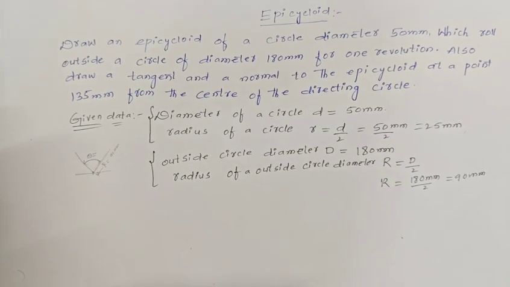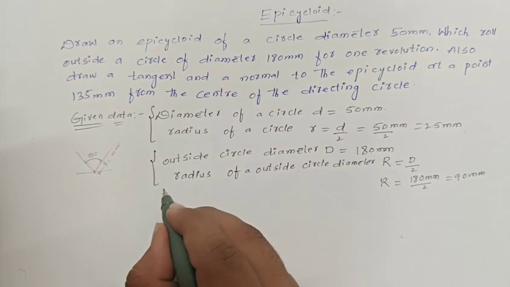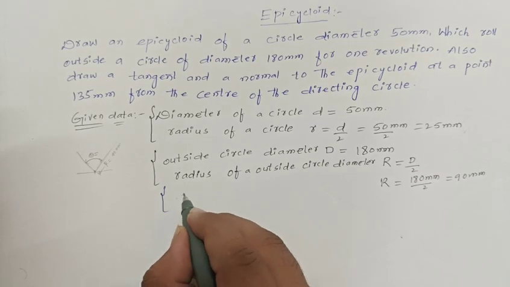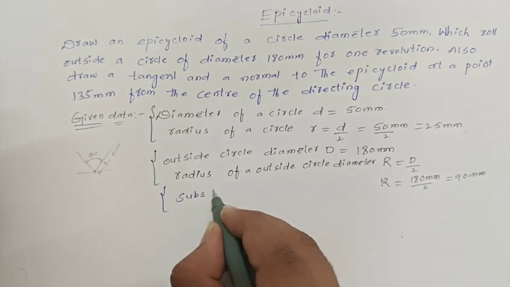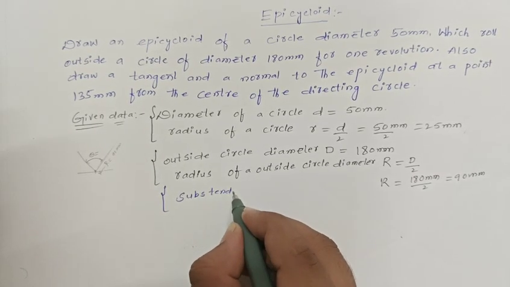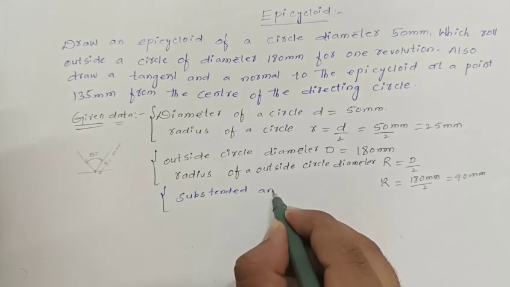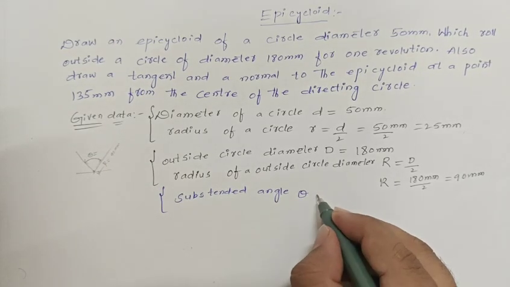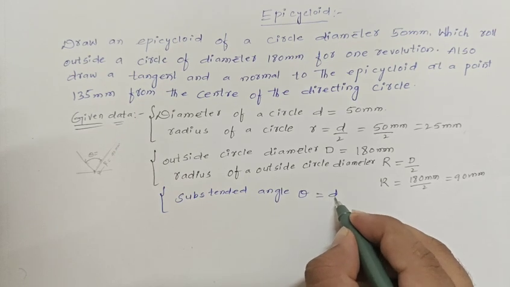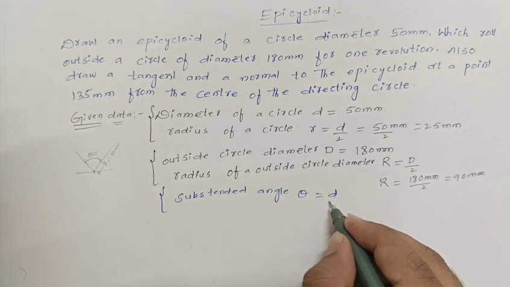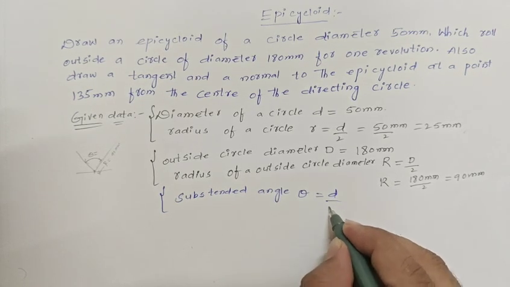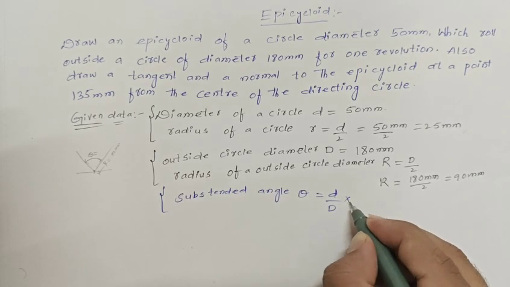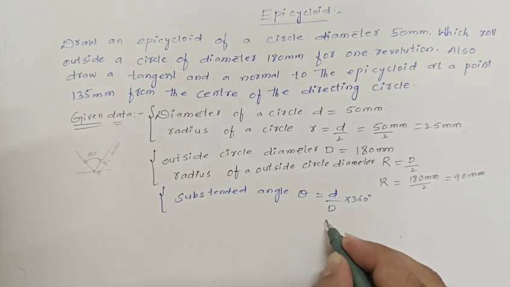We have the formula for the subtended angle. Subtended angle, represented as theta, equals diameter of the circle by outside diameter of the circle into 360 degree.